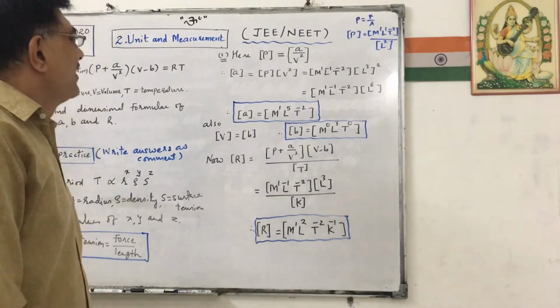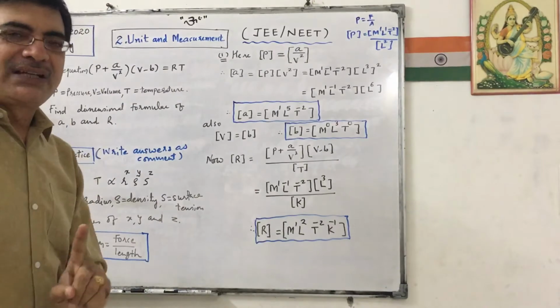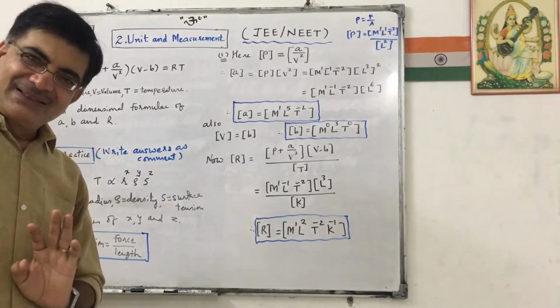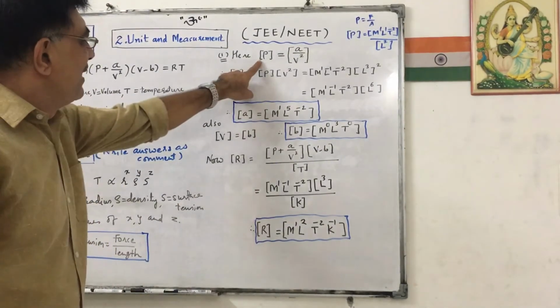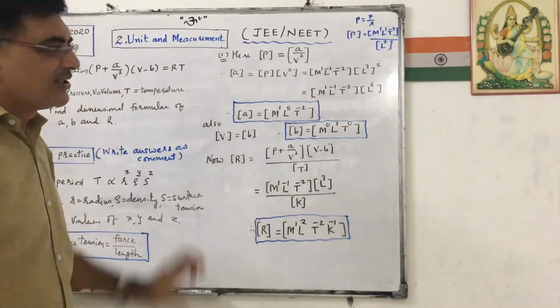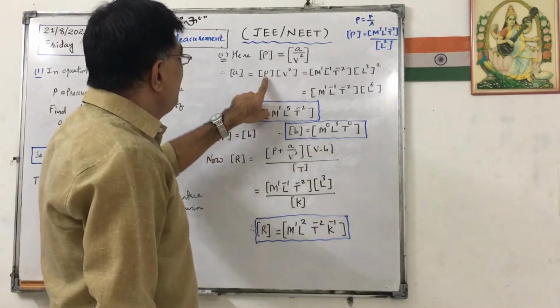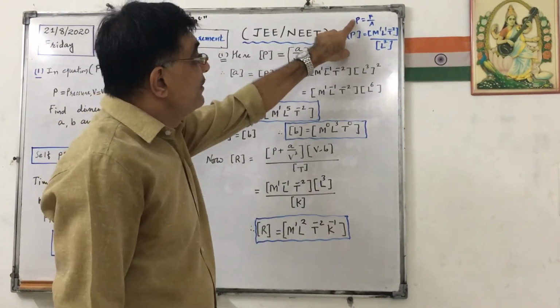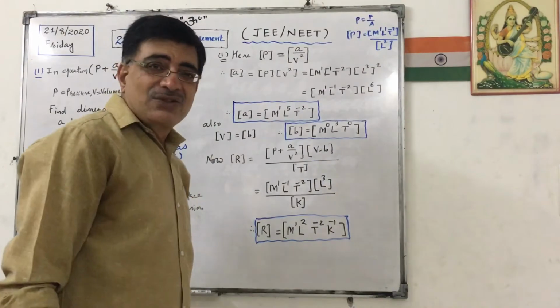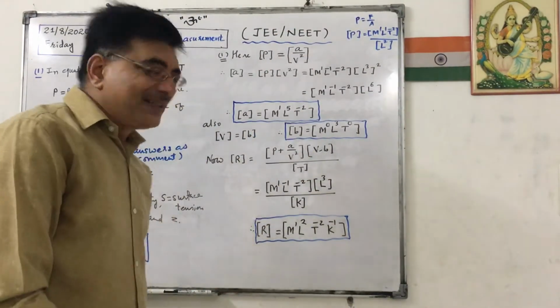Now see, we know that these two can only be added if both have the same dimensions. So I can write the dimensional formula of P equals the dimensional formula of A upon V². So A will be equal to P into V². We know that pressure equals force upon area. Force is M¹L¹T⁻², area is L².